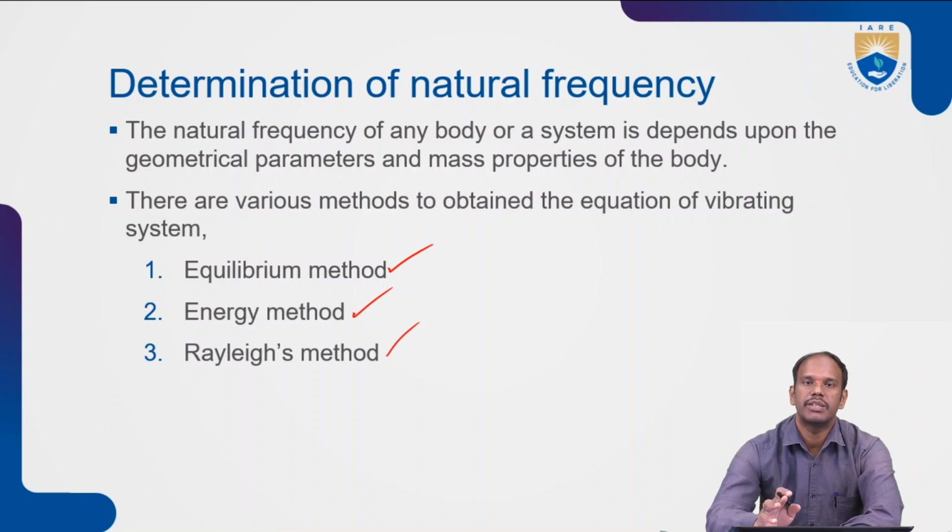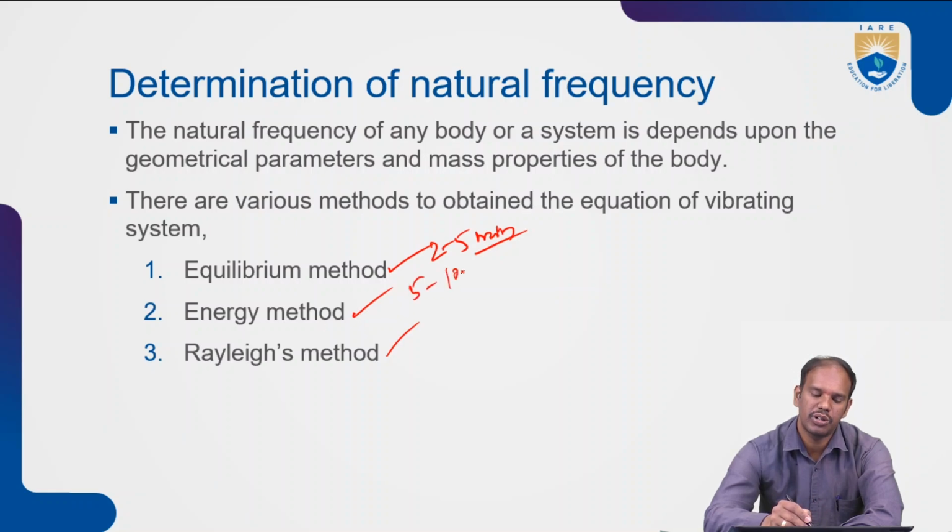Undergraduate level students and freshers can obtain the natural frequency equation within maybe 2 to 3 minutes. It may take about 2 to 5 minutes for a basic problem. The energy method may consume 5 to 10 minutes, and the Rayleigh-Ritz method and others may be computerized.